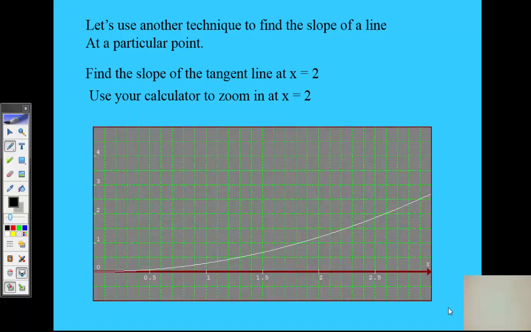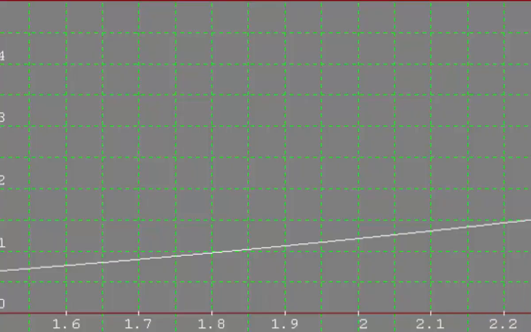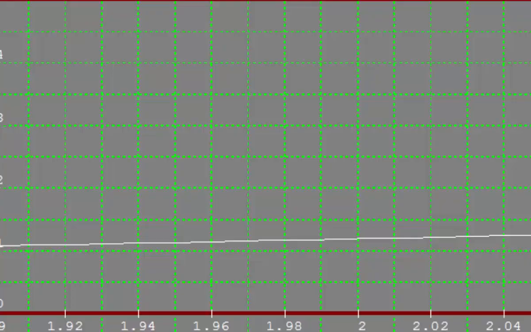Here I've done this with a computer generated graph. Here I've zoomed in around 2. I'm going to zoom in again, and you can see that's almost looking like a straight line. If we zoomed in one more time, that looks like a straight line. And you can see the points around it are from 1.98 to 2.02.